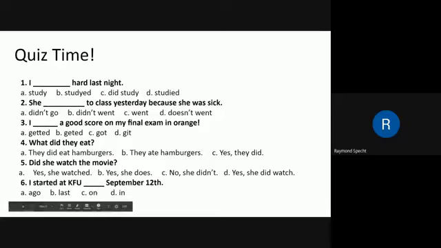All right, let's check our answers and see how well we know this unit's grammar.